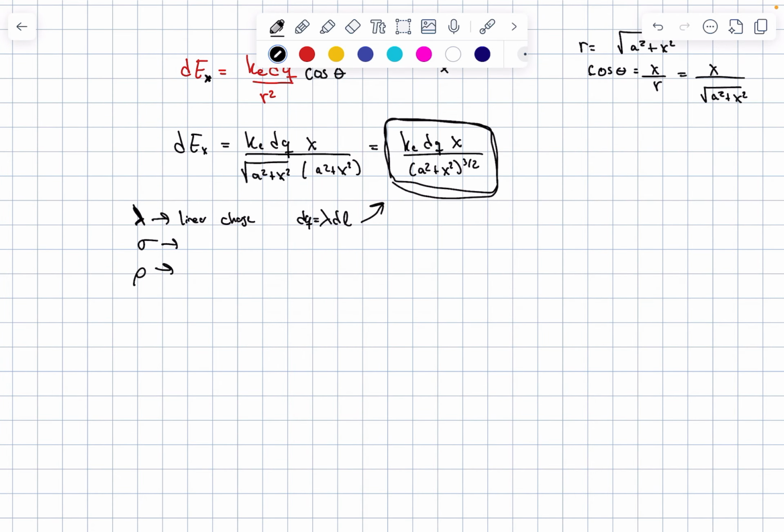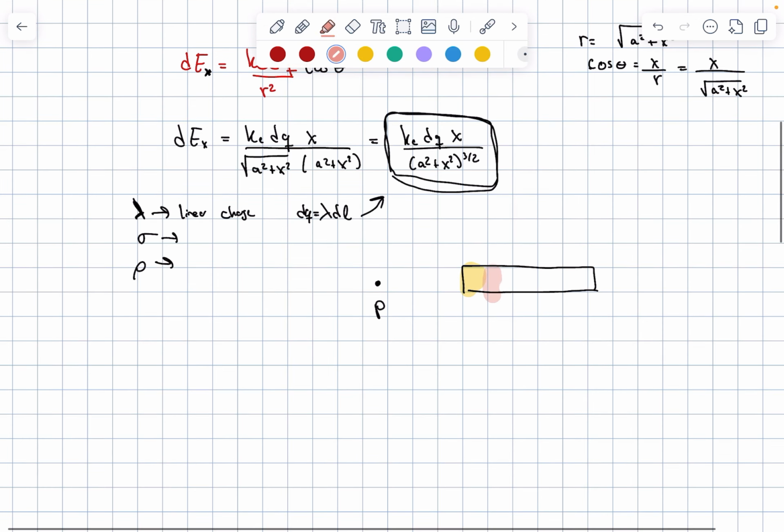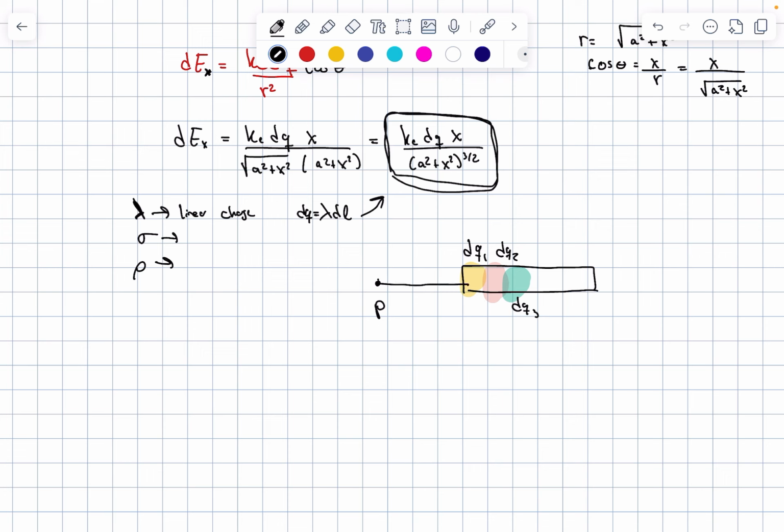Like if you think about charge density of a rod, and you ask, what's the electric field at this point P here? Well, if you look at different chunks along the rod, if I look at these 3 different chunks that each have a little bit of charge, dq1, dq2, dq3, they're spaced differently.